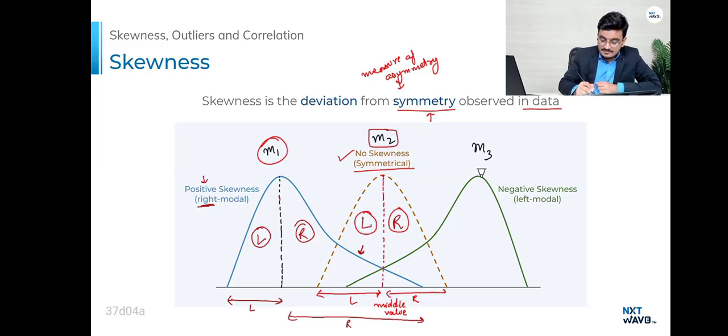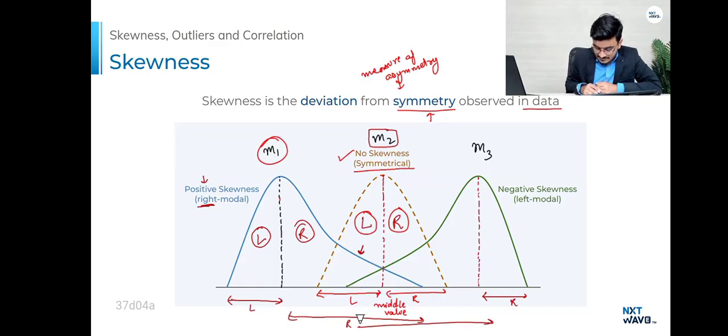Similarly, if I drop a line for this distribution and compare the distribution on the right side to that of the left side, I can see that the distribution on the right side is very small compared to the left side. And the tail of my distribution is on the left side. Hence, this will be left skewed or negatively skewed data, right?